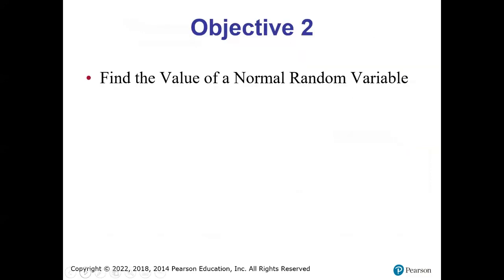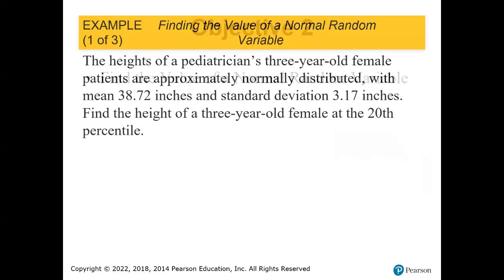Now we're going to go the opposite direction. So we're going to have our original mean and standard deviation, and we're going to be given the probability value and say, hey, what value gives me that probability? Still working with the same data set. The height of pediatricians' 3-year-old females is still normally distributed.